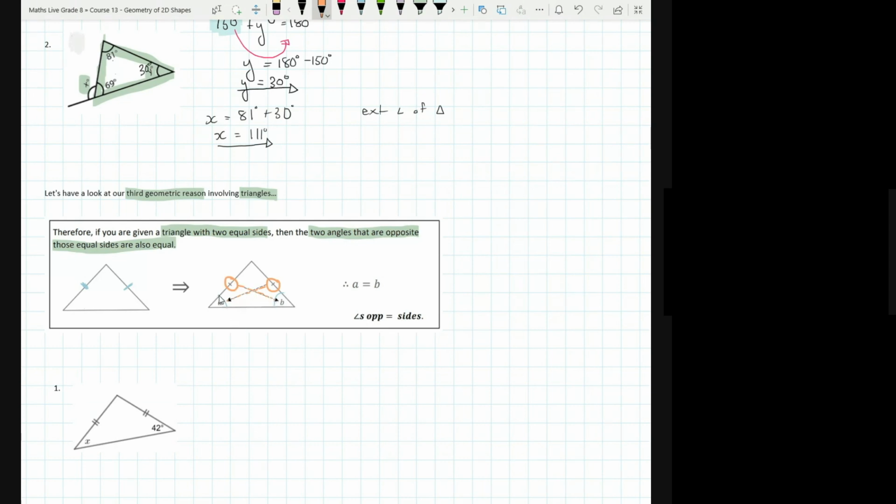So now that we've identified the angles, the rule is that these opposite angles are equal to each other. And we have our conclusion over there that says A equals B. And when we use this rule to find unknowns in a geometry problem, we must give a reason for our statement, and you're going to have it as this: angles opposite equal sides.